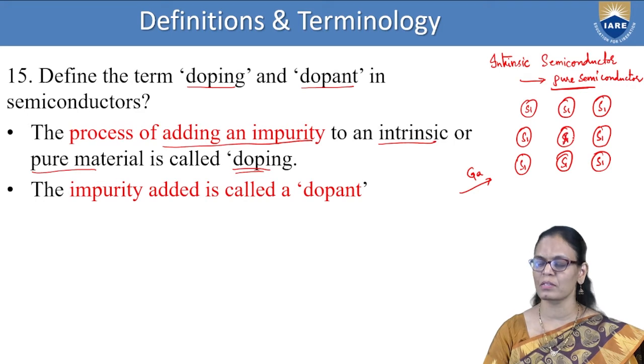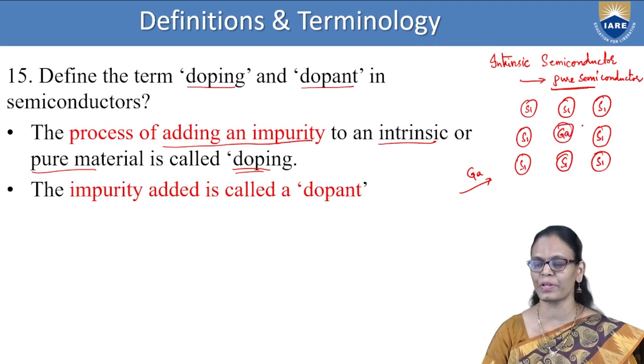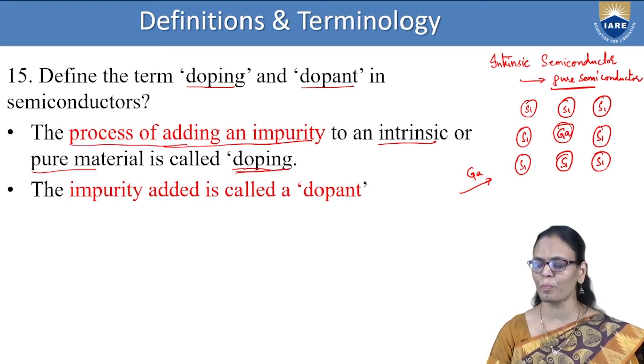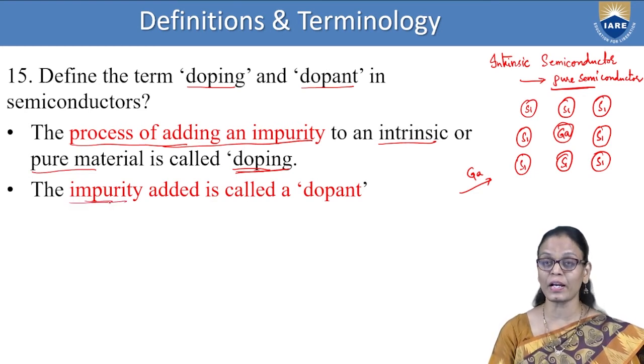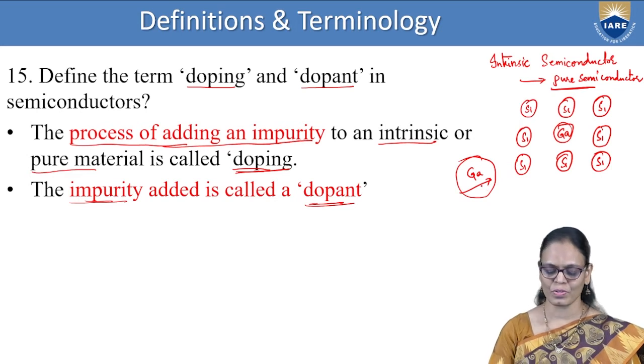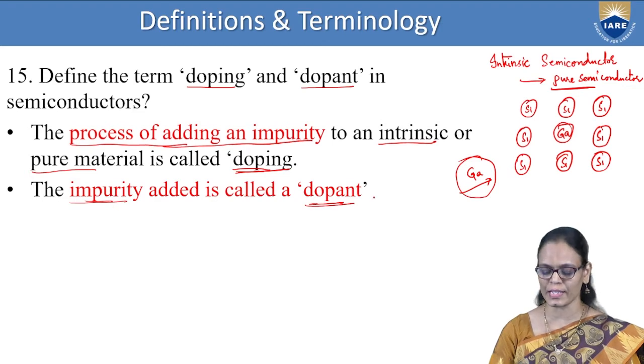One of these silicon atoms will be replaced with gallium. It means I have added an impurity, and this process of adding an impurity we call doping. So when I am doping, I am adding an impurity to it, and the impurity that we are adding is called the dopant. So what is the dopant here? Gallium. Gallium is the dopant. So doping means the process of adding an impurity, and the impurity that is added we call the dopant.